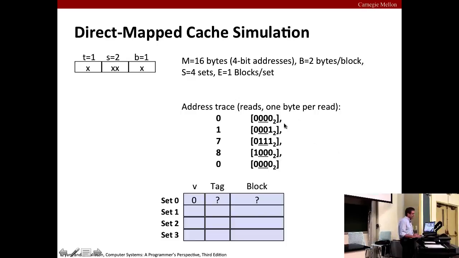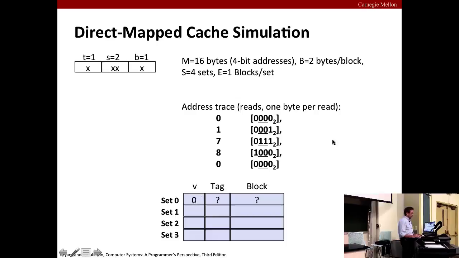And now the cache receives a request for the byte that's at address 0. So it extracts the set index bits, which in this case are 0, 0. So it's going to look in set 0, and in this case, since valid is 0, it's a miss.